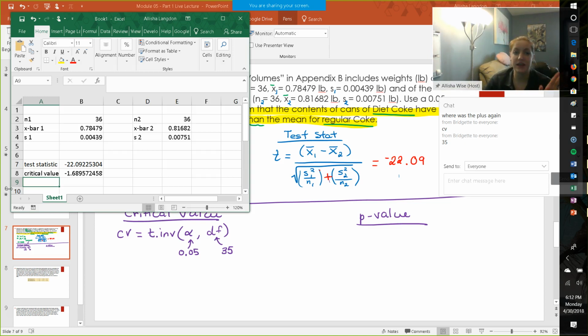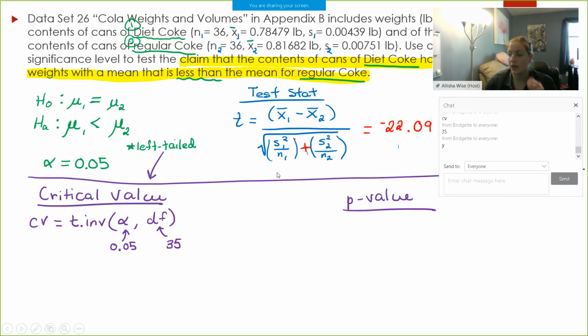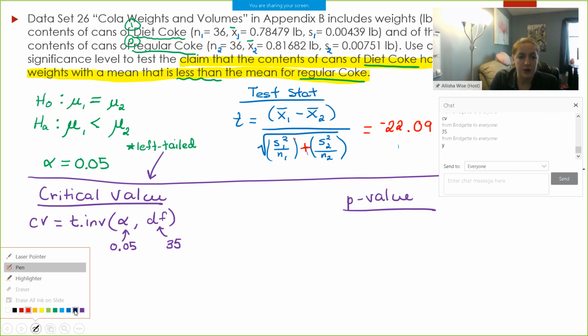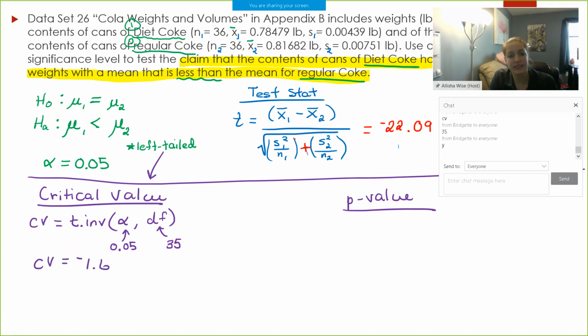Is that what everybody got? Negative 1.69? Yes? Okay. So our critical value is negative 1.69. Now, what does that mean?